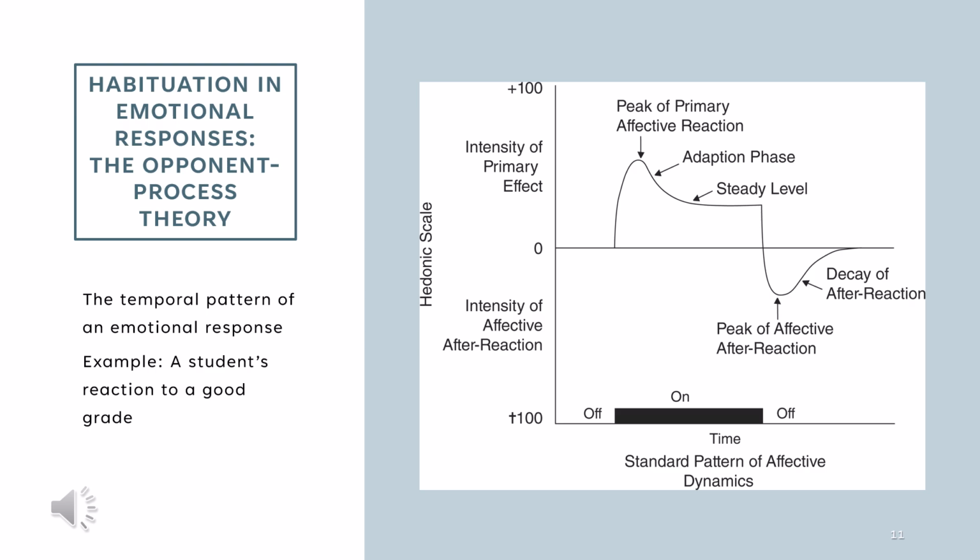With the opponent process theory or emotional habituation, emotions show two components, a fast A process and a slower B process that opposes it. Repetition changes the B process dynamics.